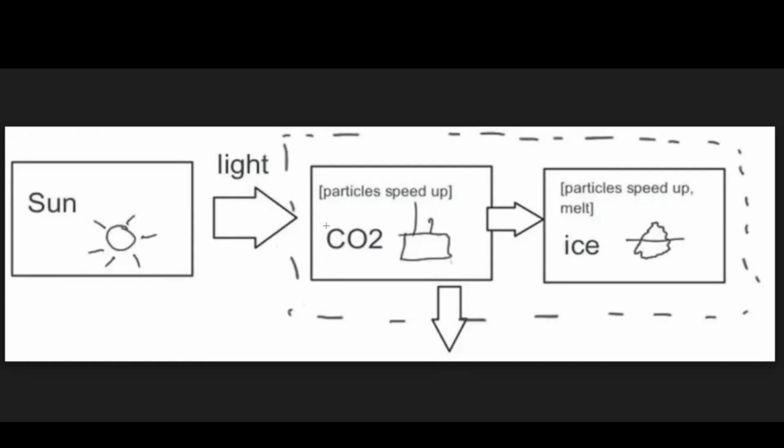We're considering what happens to the CO2: the CO2 particles speed up, and then the energy from the CO2 particles is transferred to the ice, which means that the ice particles also speed up because it's warming the ice. So we're starting to think through that lens of energy and matter using the energy model diagram.